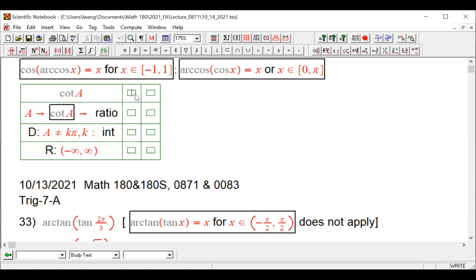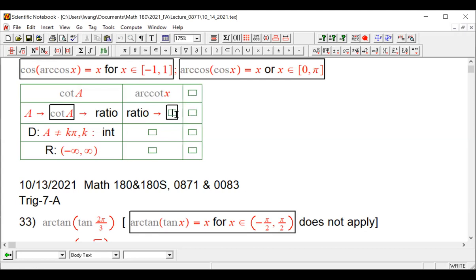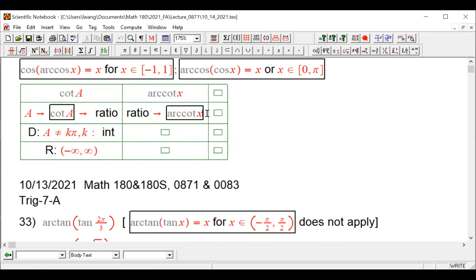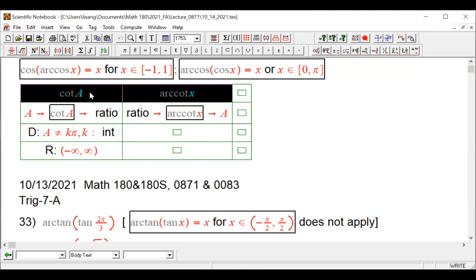And the ArcCotangent function obviously takes a ratio, regarded as a cotangent ratio, goes through ArcCotangent, and produces an angle. So similar. These two are not inverse to each other.